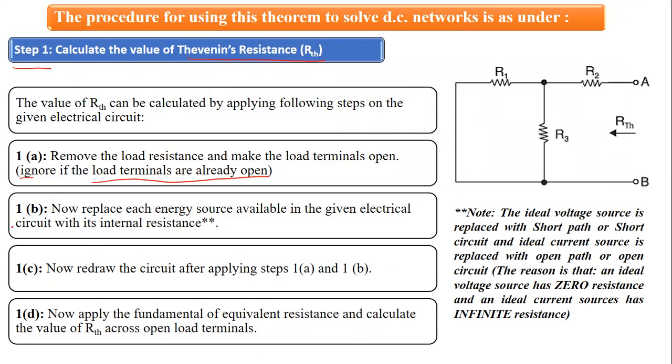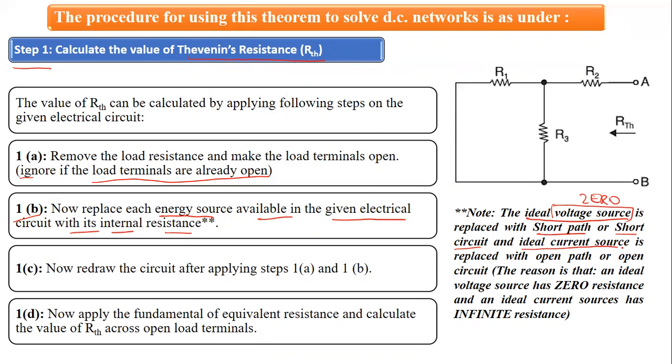Then in second step, we replace all the energy sources available in the given electrical network with their internal resistances. Now note, in the case of ideal voltage source, because ideal voltage source has zero resistance, it is replaced with a short path or short circuit.